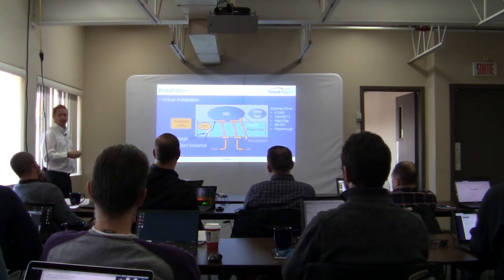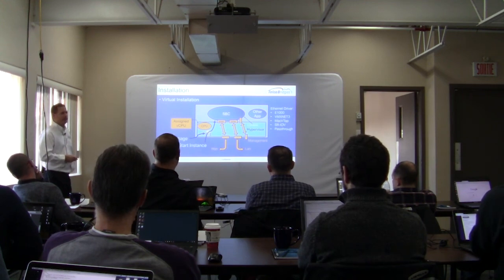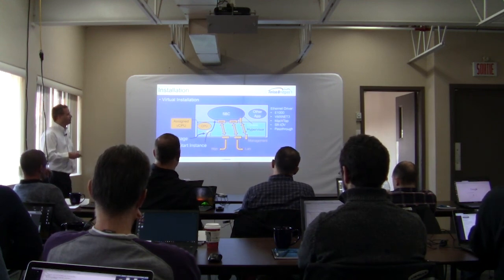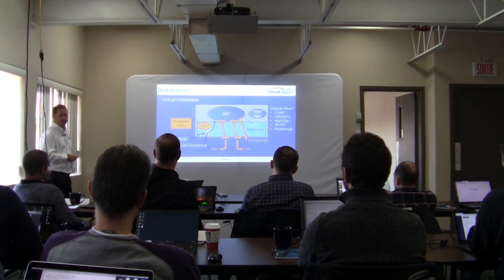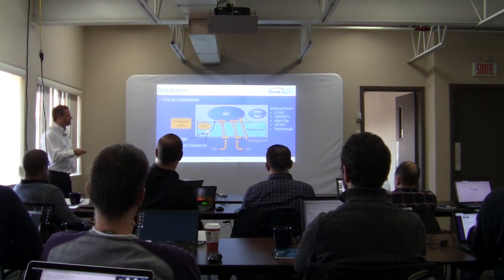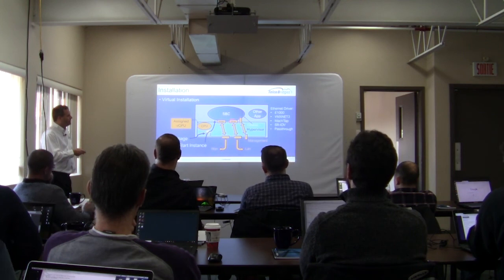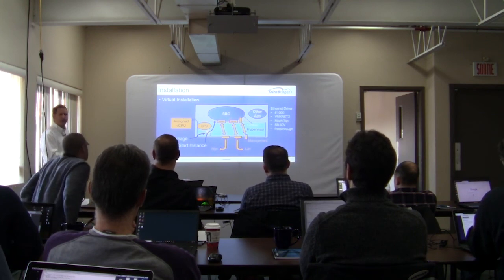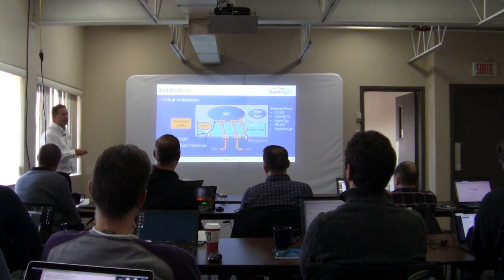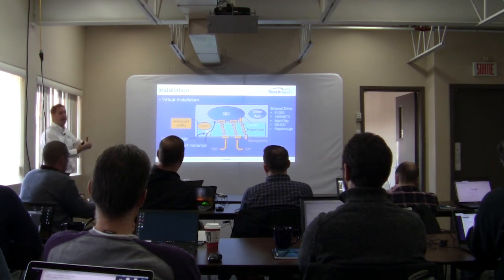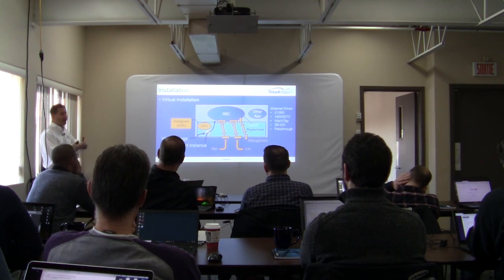MacVTAP is more for KVM and OpenStack, virtualized. And then you have SR-IOV, and I forgot the acronym name. But let me start with pass-through. With pass-through, you attach the SBC directly to the network interface, so you bypass the hypervisor completely and have maximum performance. However, it has some limitations.